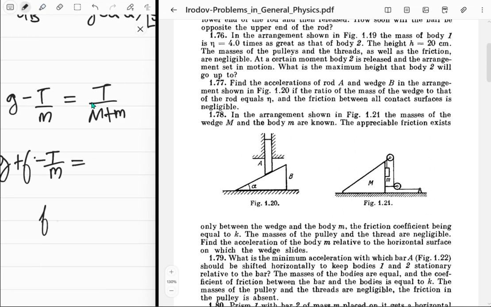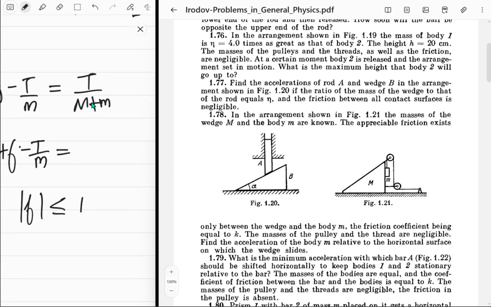So you can see the mod of this thing is less than or equal to whatever coefficient of friction is times T upon capital M plus small m. If it is moving, then this friction would be this. This is just awful. How do we know if it's going down or what?